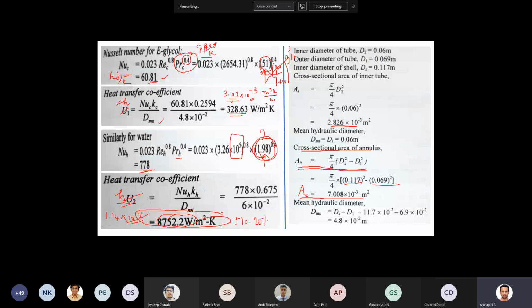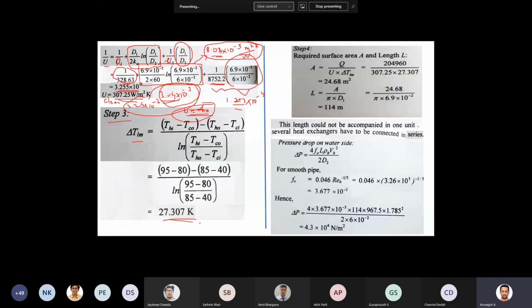If you calculate the LMTD, the value is 27.3. So the AMTD value is 30 degrees centigrade. The deviation is almost 3 degrees centigrade.